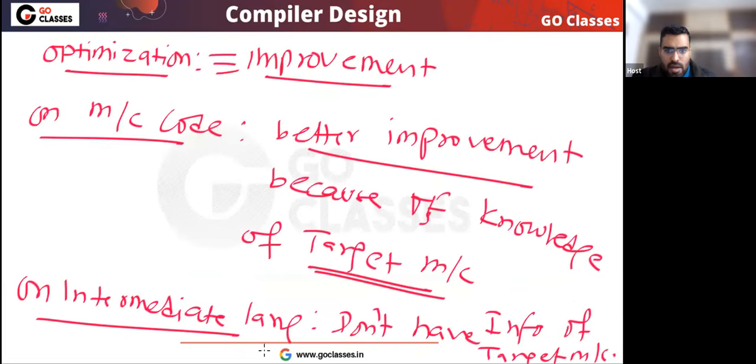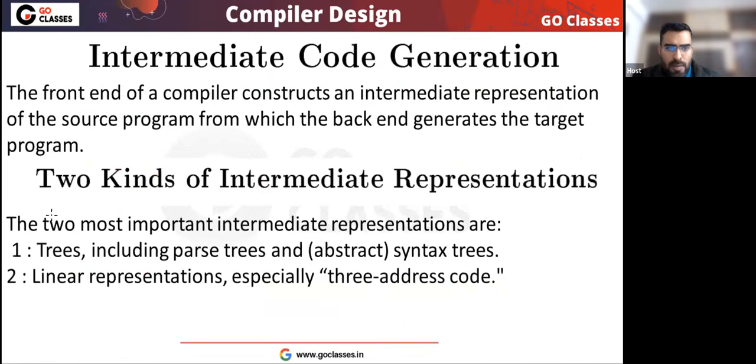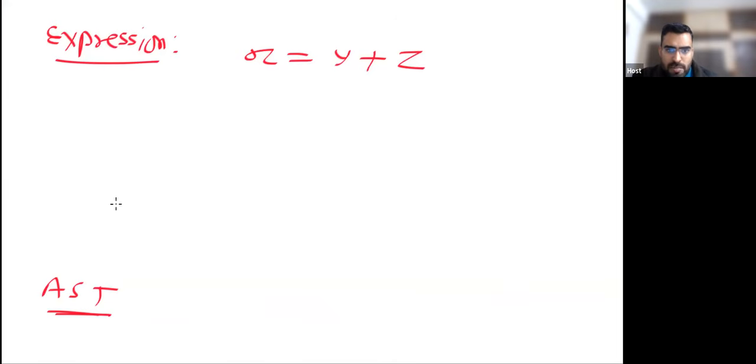So let's see how to create the abstract syntax tree for this. First of all, you have equal. This is a language construct, a part of the language.